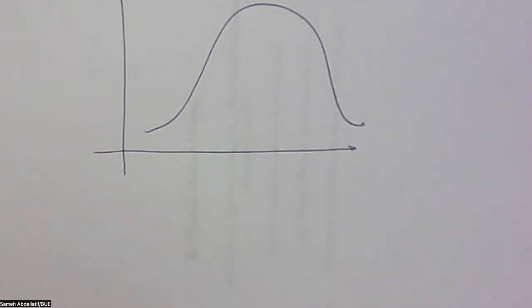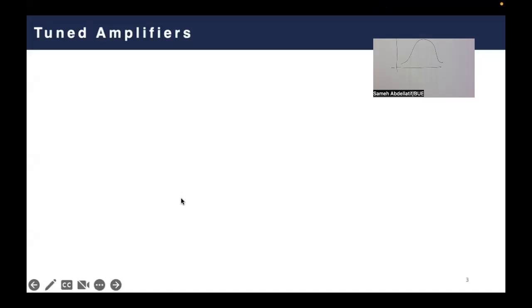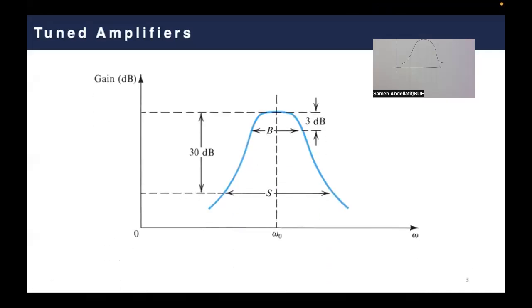This will be the output of a band pass filter. So let's go back here to the slides. Okay, so this will show the high frequency response for our RLC filter.